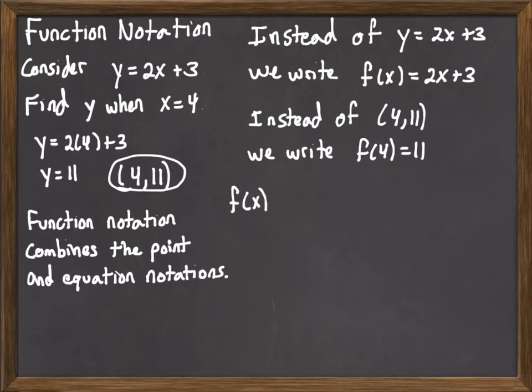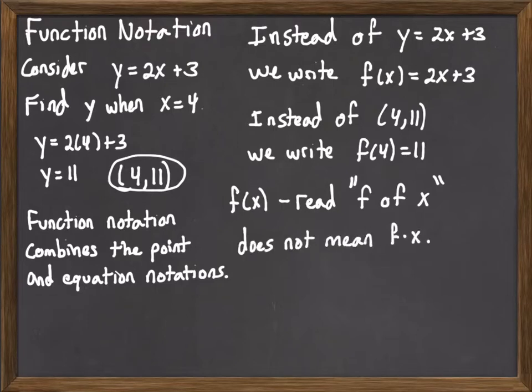Now that f parentheses x is read f of x. So f parentheses 4 would be read f of 4 equals 11. What it is not doing is saying multiplication. The parentheses there are used to tell us the variable that f depends upon.